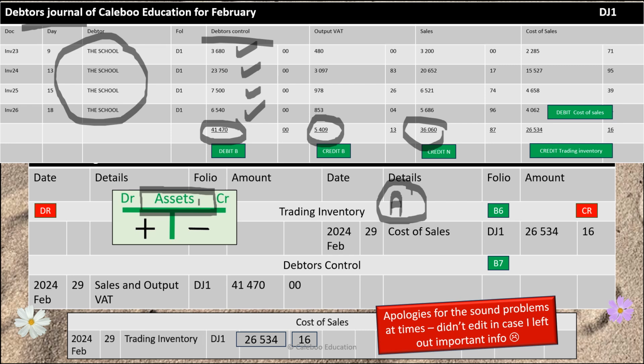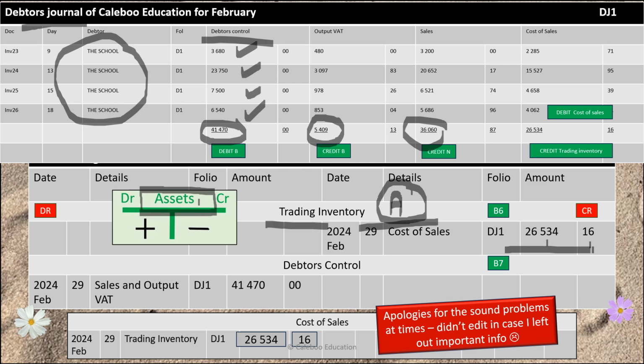So let me say that again. Trading inventory is an asset. We need to record the fact that the asset to the amount of 26,534 and 16 cents has been delivered to the school. It's no longer on our shelves. So we need to show that in our trading inventory account.